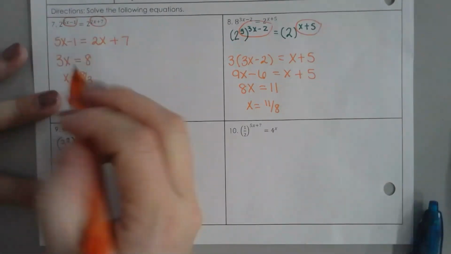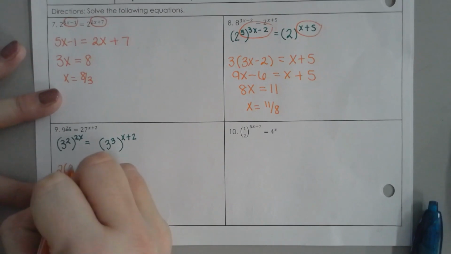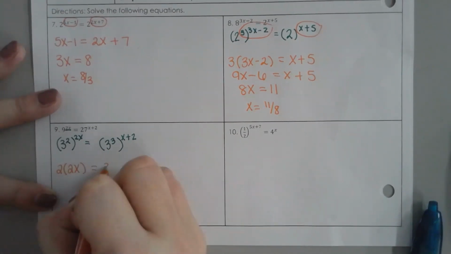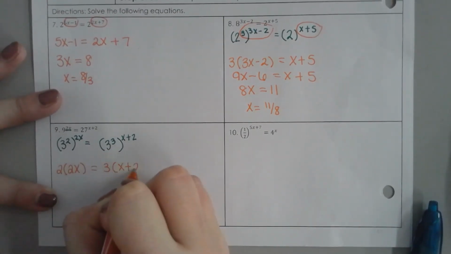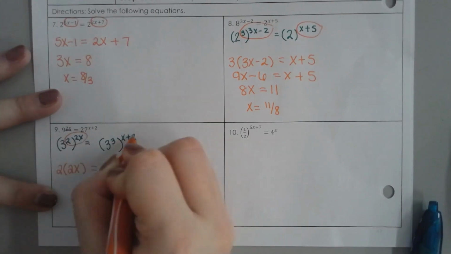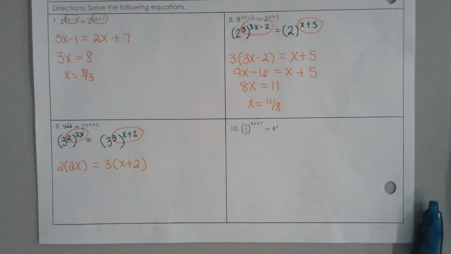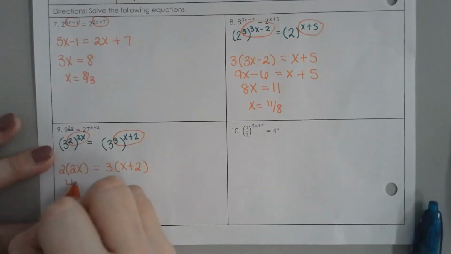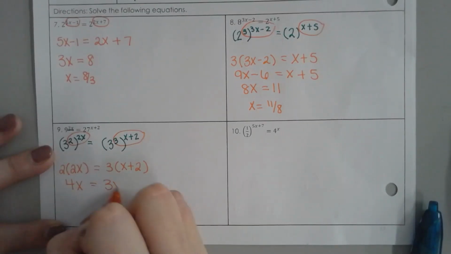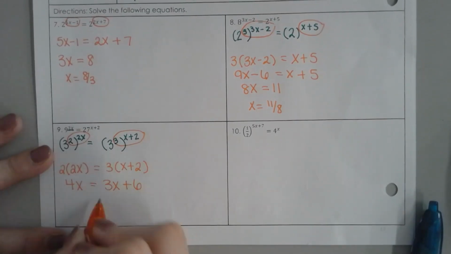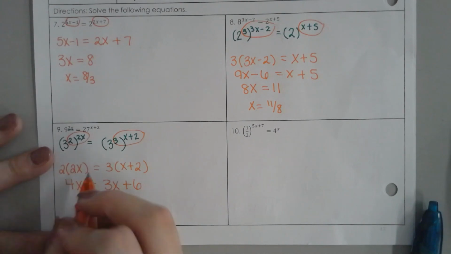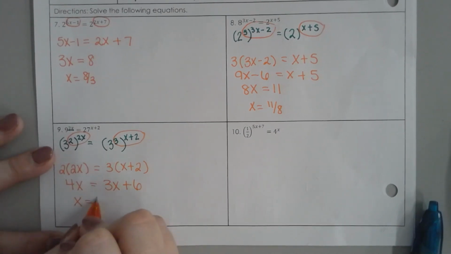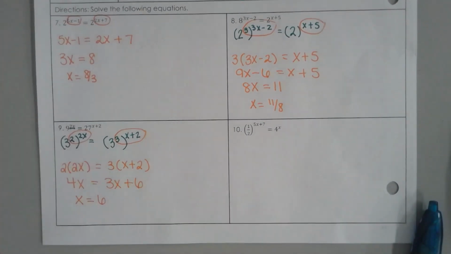Now I'm going to do 2 times 2x equals 3 times x plus 2. And I got x equals 6.